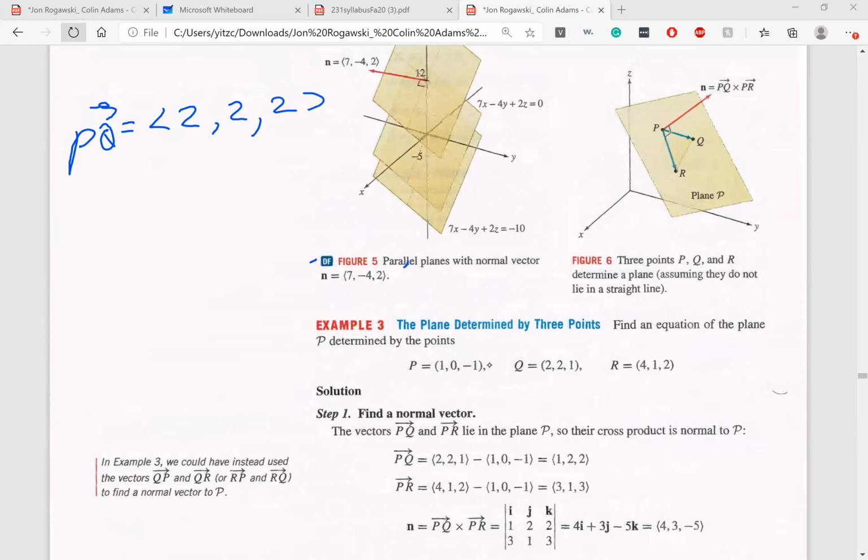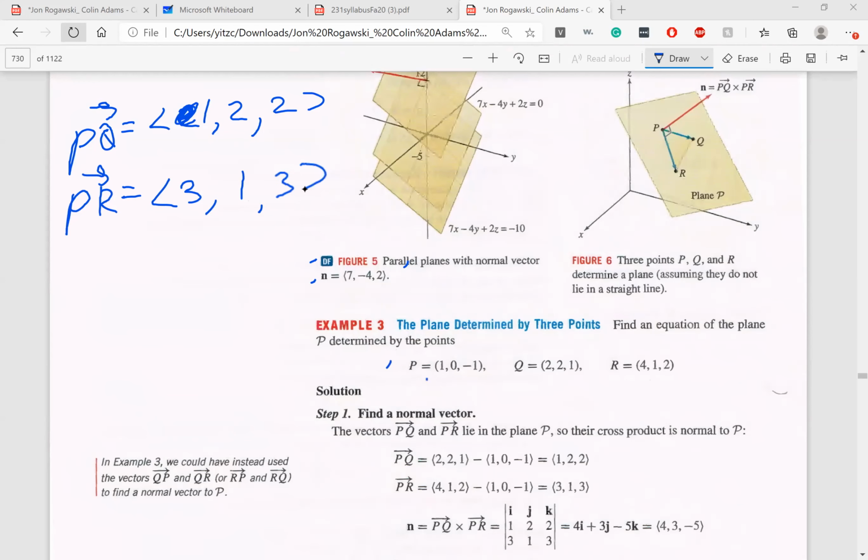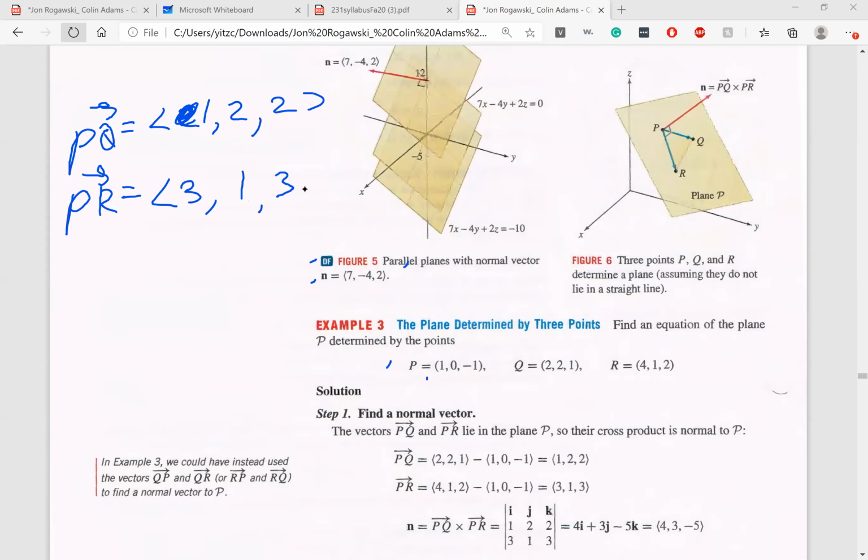Sorry, 2 minus 1 is 1. And then the vector PR is going to be the vector R minus P, so it's going to be 3, 1, and 3. Okay, so these are our 2 vectors that go from the point P to the point Q and from the point P to the point R.